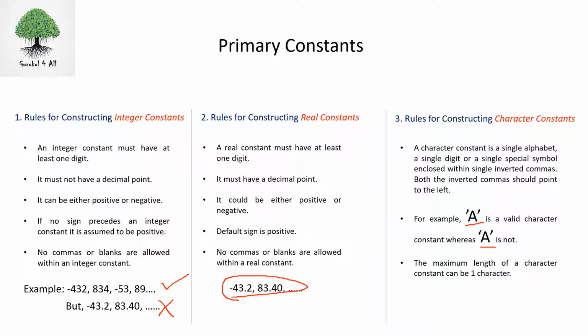The difference is the inverted commas should point always to the left. As you can see, this is the correct form. Here, one is pointing towards left and one is pointing towards right. So this is a wrong interpretation of a character constant. And the maximum length of the character constant can be only one character inside a single inverted comma, pointing towards the left always.